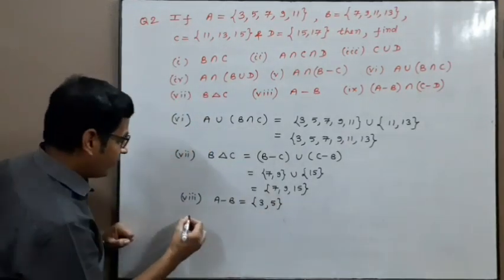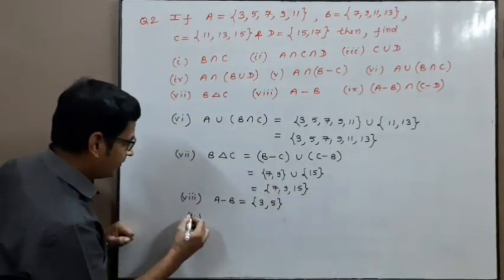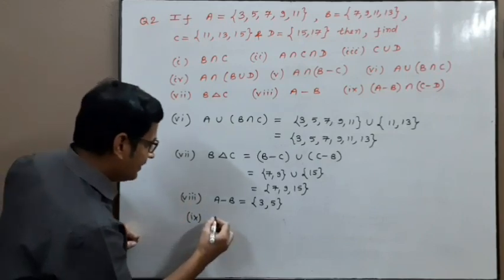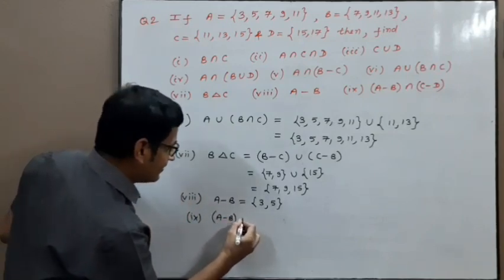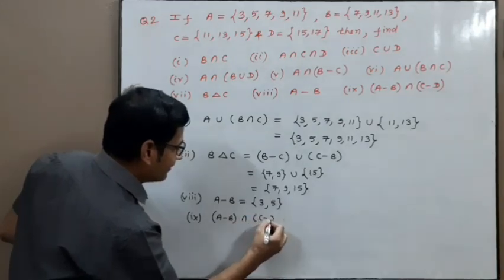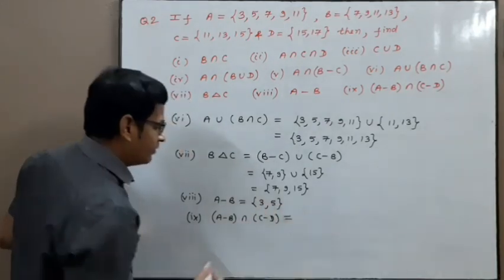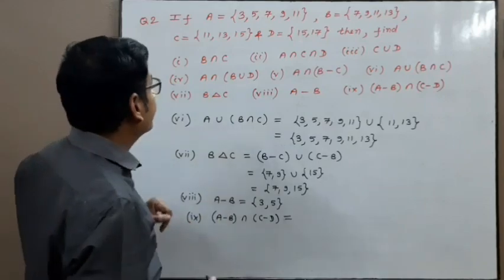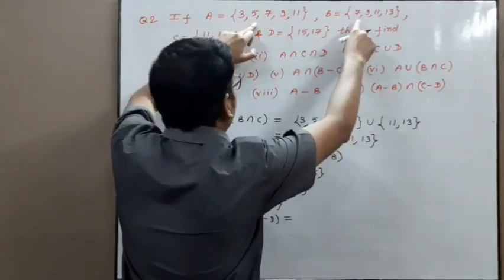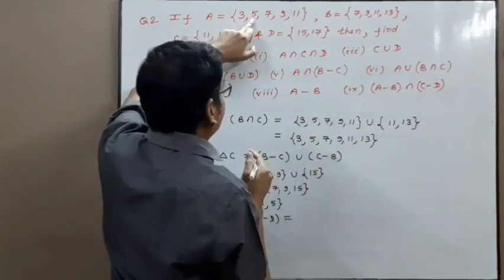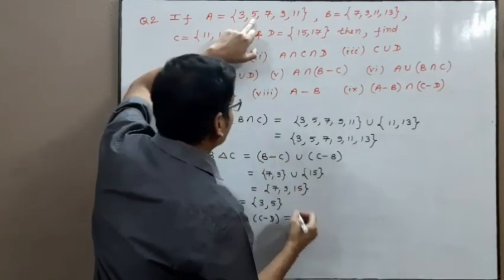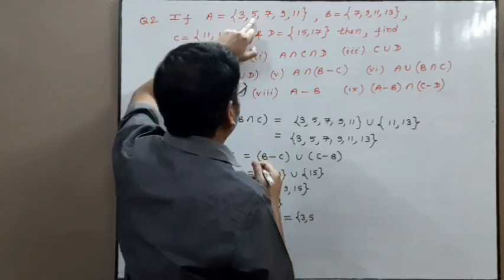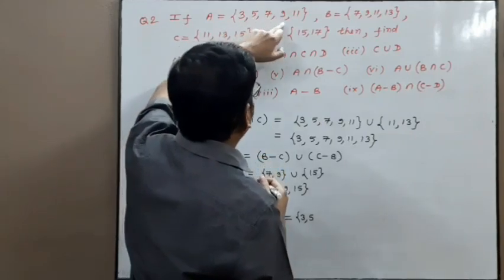And the last point, 9: A minus B intersection C minus D is equal to A minus B. This is A and this is B. So A minus B is 3 and 5, and 7, 9, 11 are there.